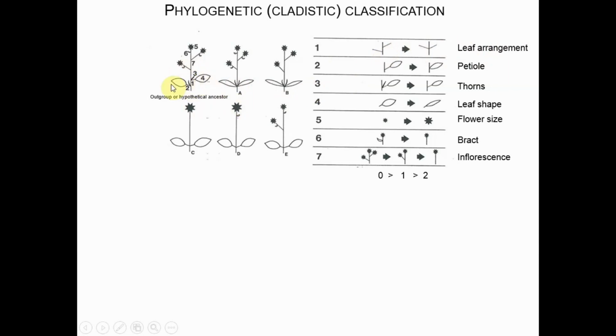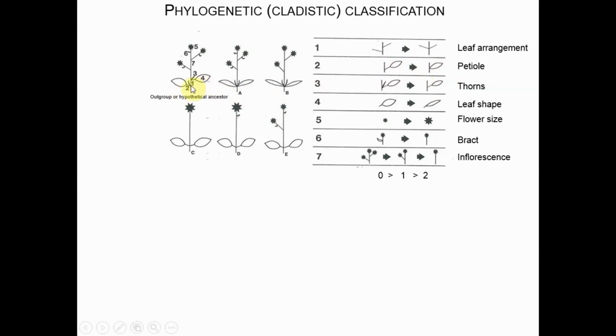Because the alternate leaves are present in the outgroup, we would assign that as 0, and the opposite would then be 1. We can then look at number 2, which is the PTL, whether the PTL is present or whether it is absent, so 0 and 1.